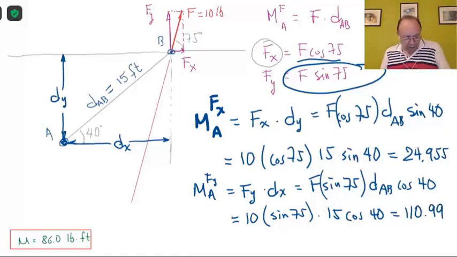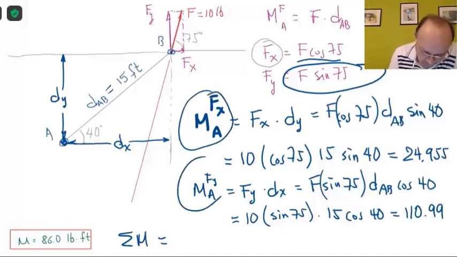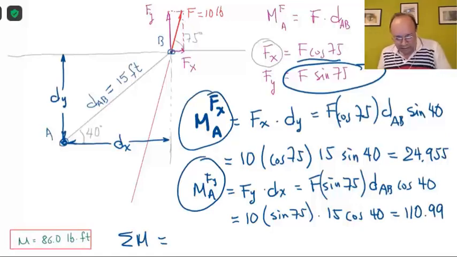Okay. So now we need to find the summation of these two moments in order to find the total moment of the force F with respect to the point A. So the summation of moments is going to be equal to the summation of these two moments. Now there comes the problem of signs.